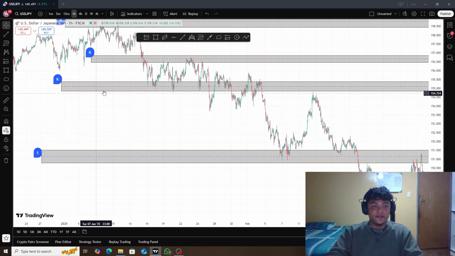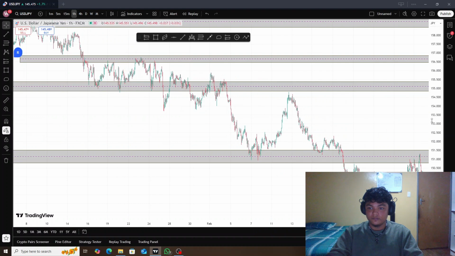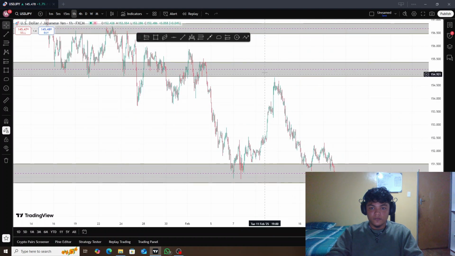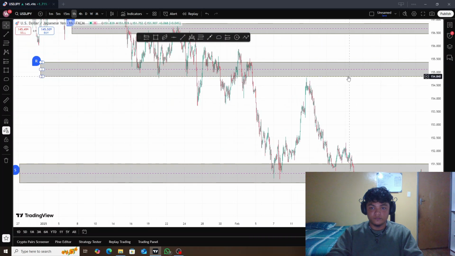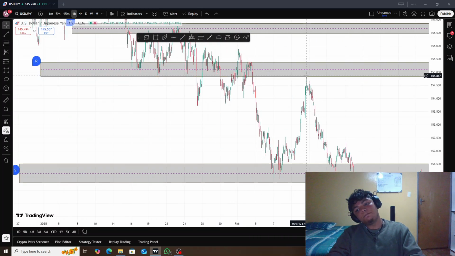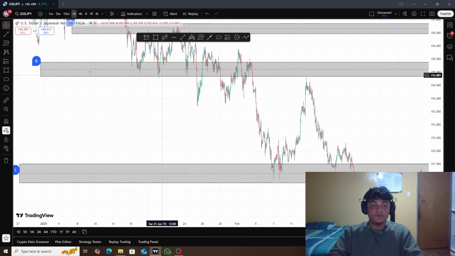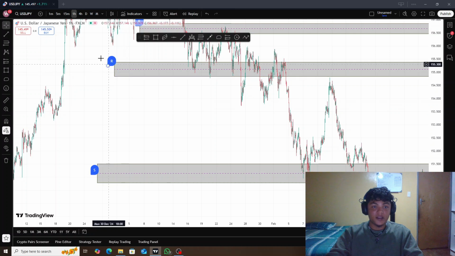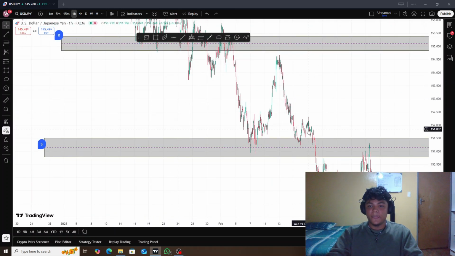So now we are here. The market pushed through the support and came back to retest this level. And when it retested this level, it got pushed back down again. So this would become the new resistance level. This would become the new support. And then what happened?